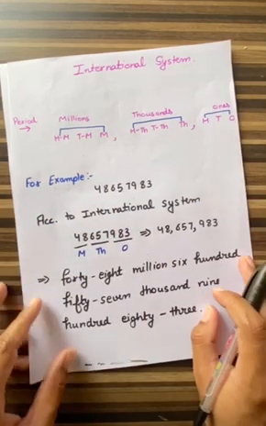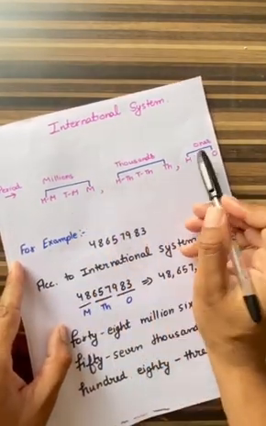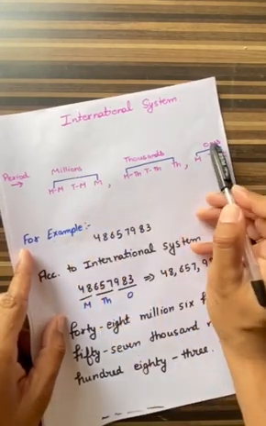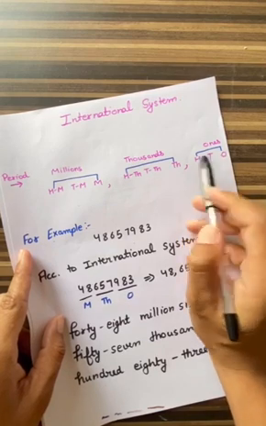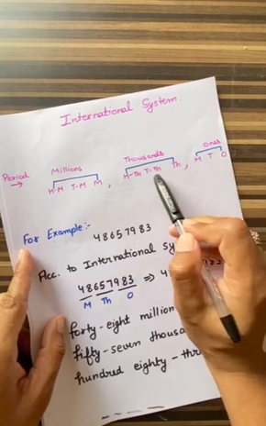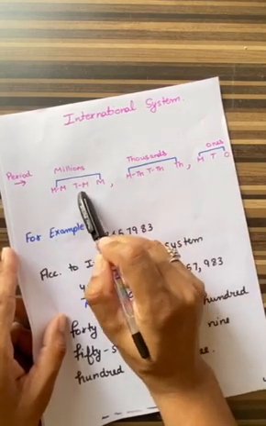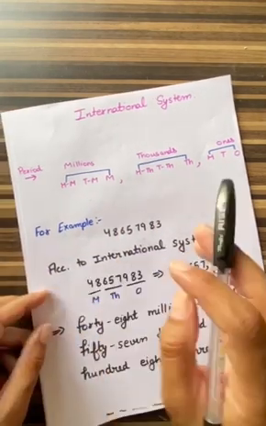In the international system we have periods as ones, thousands, millions. In ones we have ones, tens, hundreds, then thousands as 1,000, 10,000, 100,000, and millions as millions, 10 millions, 100 millions, then it goes to billions and so on.